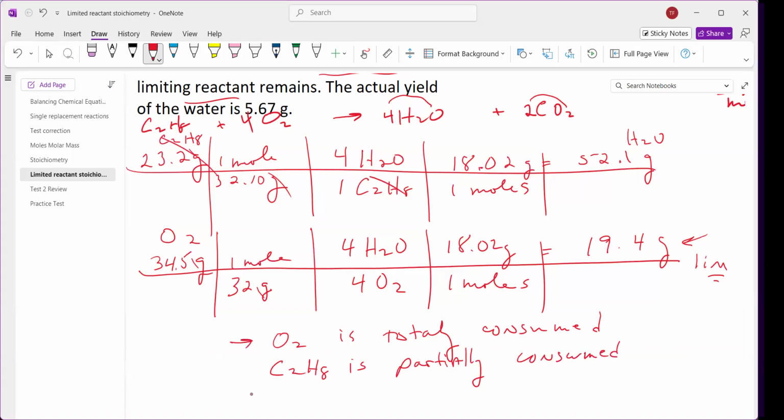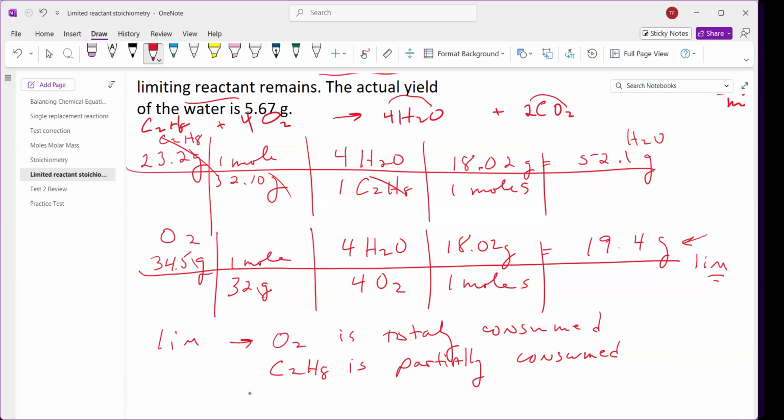The limiting reagent again is consumed 100%, totally used up. The other one, only part of it is used up. So that's the next calculation.